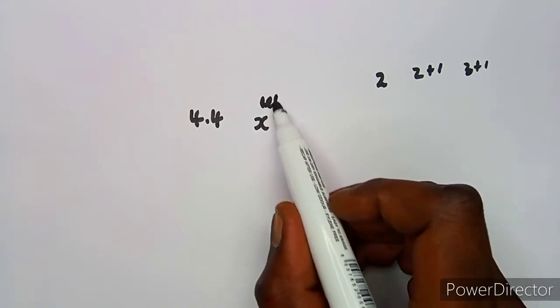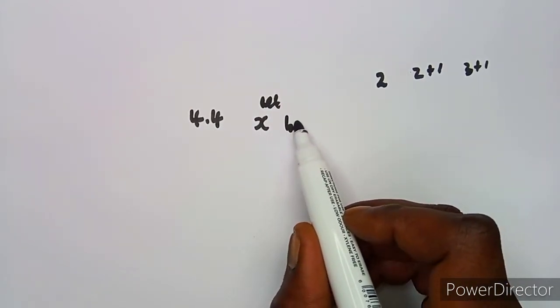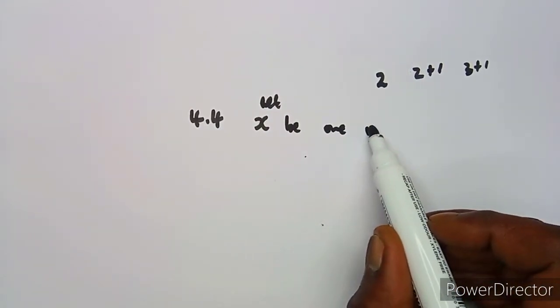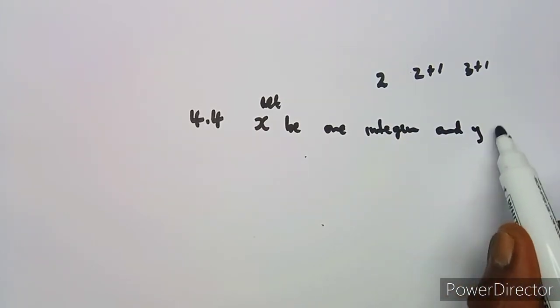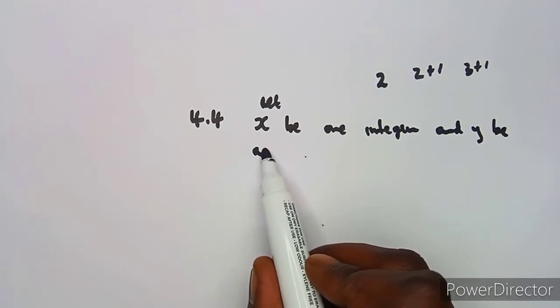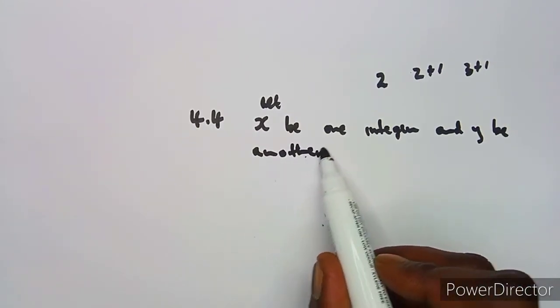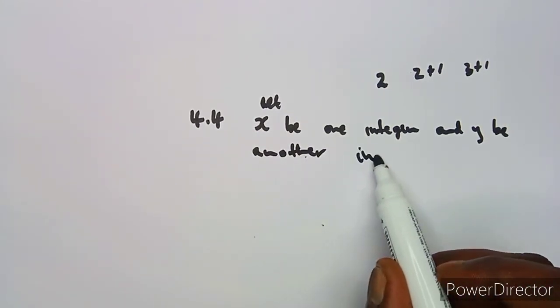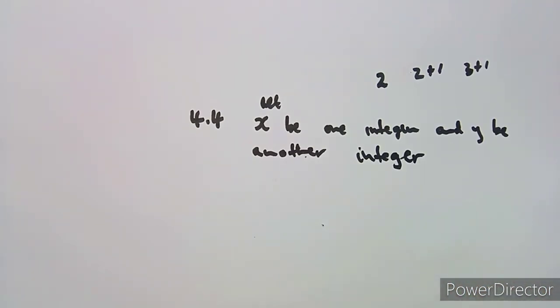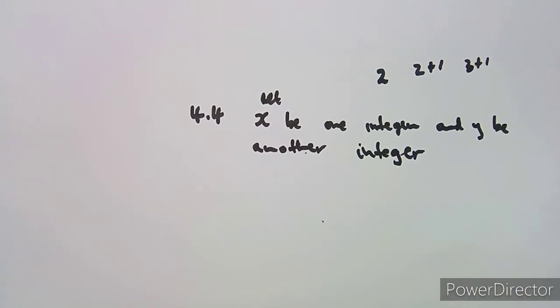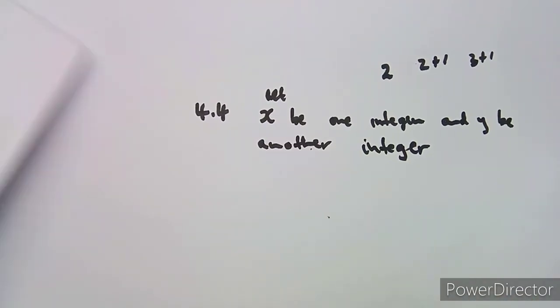So let x be one integer and y be another integer, because we are not given the order, but we are told that they are positive integers. That is where my query was actually on the question.